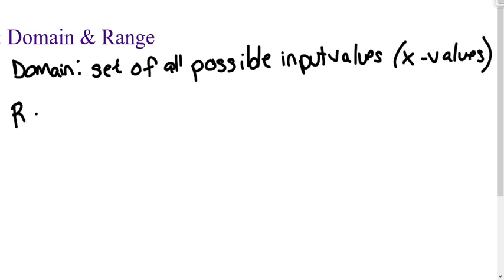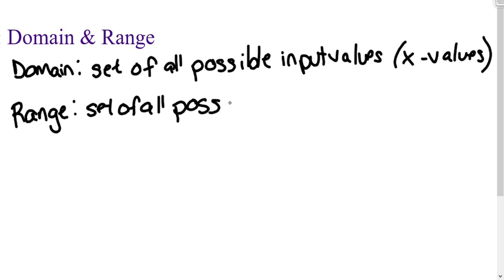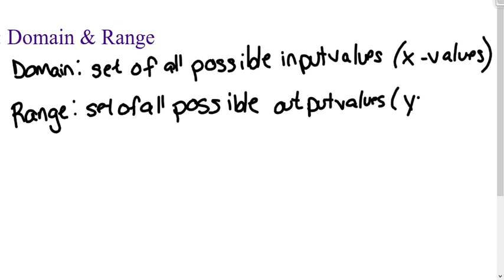Versus the range is the set of all possible output values, which are the y values. So domain, you're looking at all your x's. Range, you're looking at all your y's.